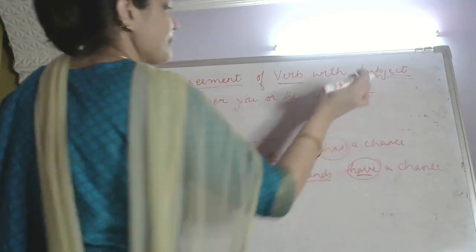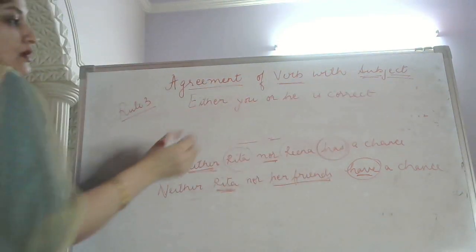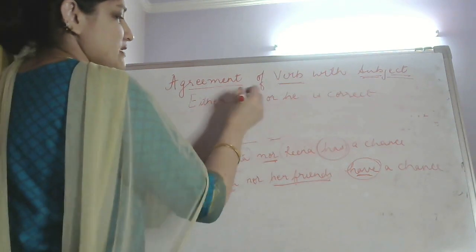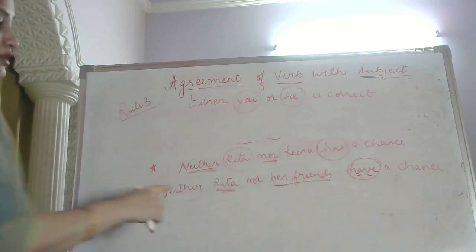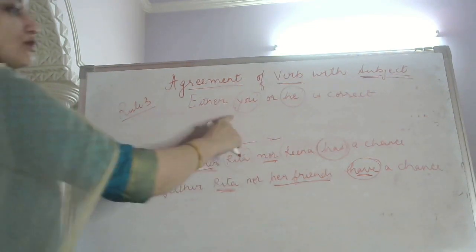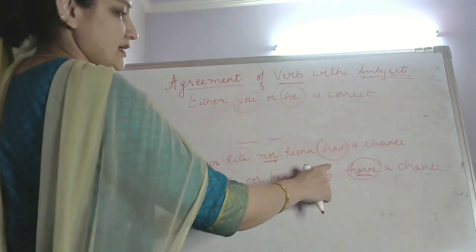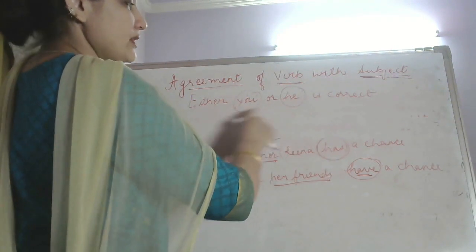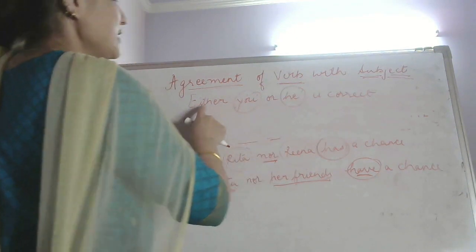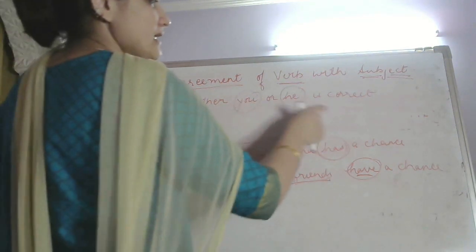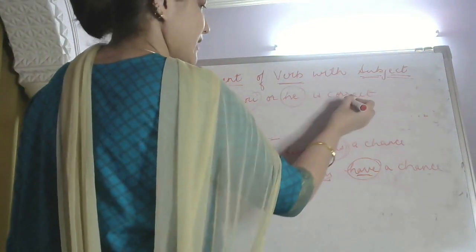Now, for example, you can see the sentence. We have two subjects here, you and he. Now, we are talking about two people, but names are not given here. So, again, the way we have done it here, singular, in the same manner, we'll take it as singular, but to the nearest one. For example, if it says either you or he is correct, then he is correct.